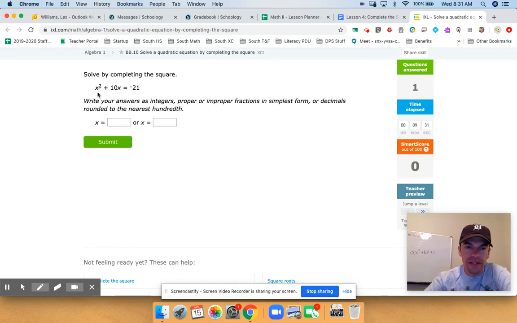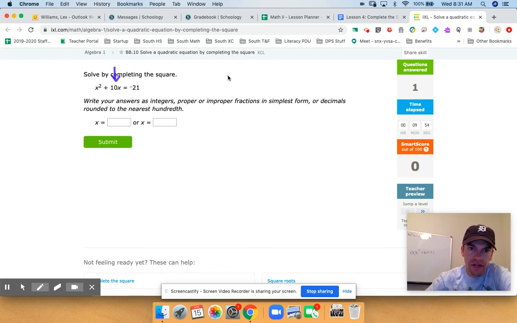So basically, all we're going to do when this is a perfect square is make sure we've got ax squared plus bx plus c. Well, in this case, c is nothing right now, but we're going to take the b term, so 10, split it in half and then square it.